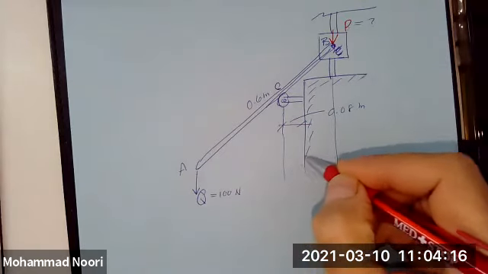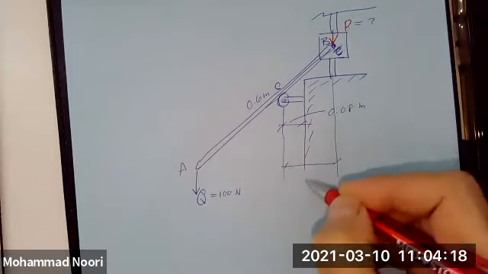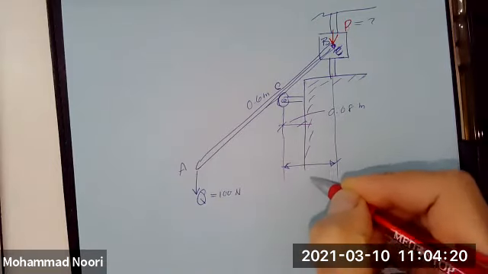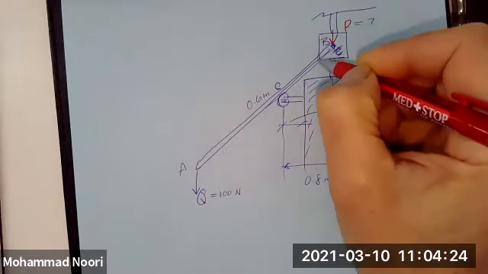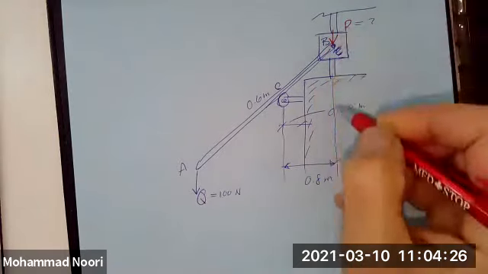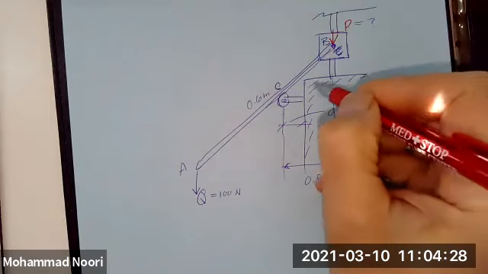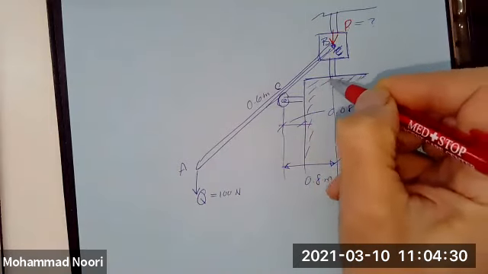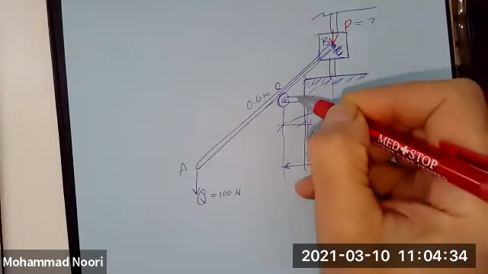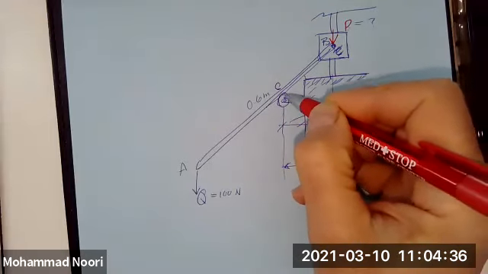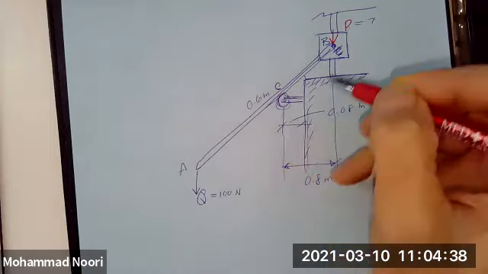This is 0.8 meter. So let me actually fully describe the whole problem first. You have this lever connected to a piston. This piston can go up and down along this rod. This rod is connected to this surface. And on the surface perpendicular to that, you have a roller, okay?